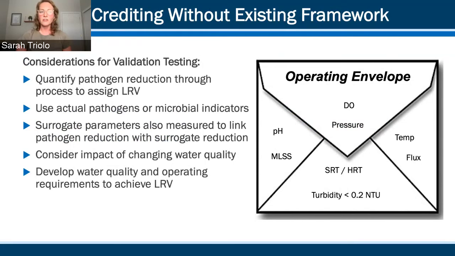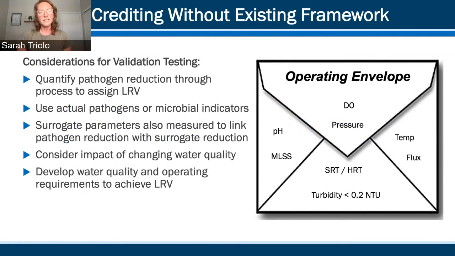But then there's this other part, which is measuring surrogate parameters, and those would be used to link your measured pathogen reduction with something that you could measure online continuously, right? Because we know we can't measure viruses online continuously. So you might instead measure turbidity and look at, is there a correlation between pathogen reduction and turbidity reduction, for example.